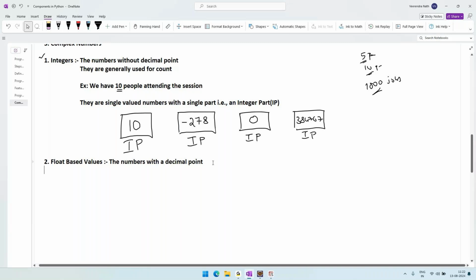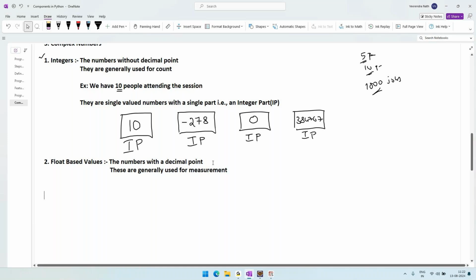So what are these used for? These are generally used for measurement.